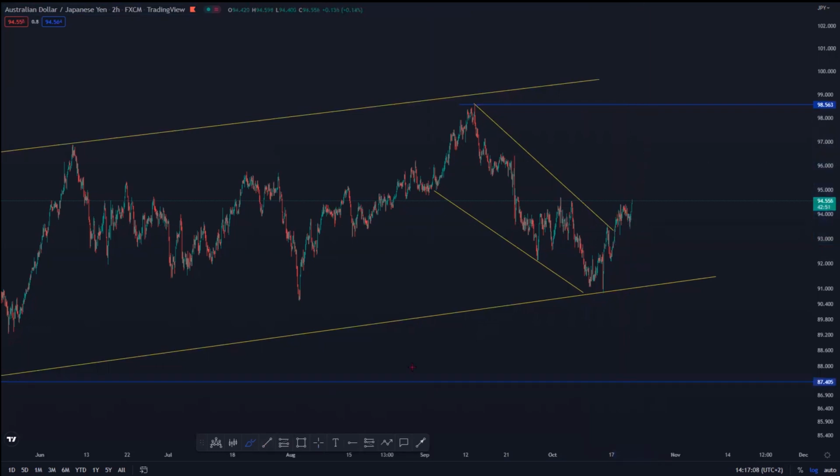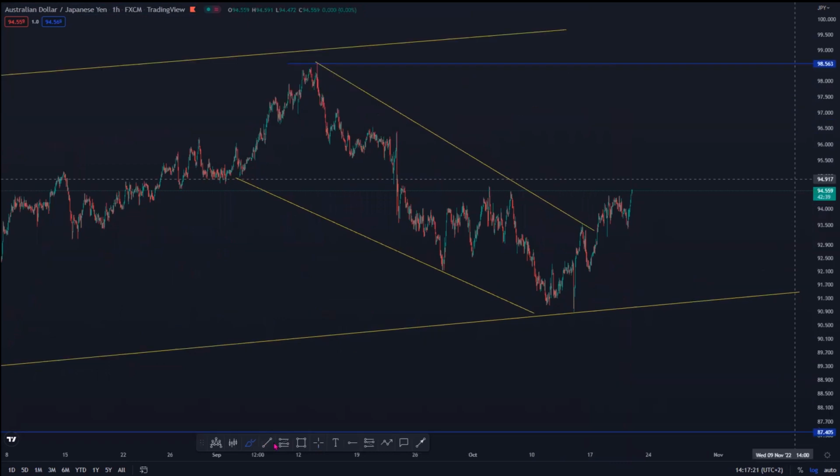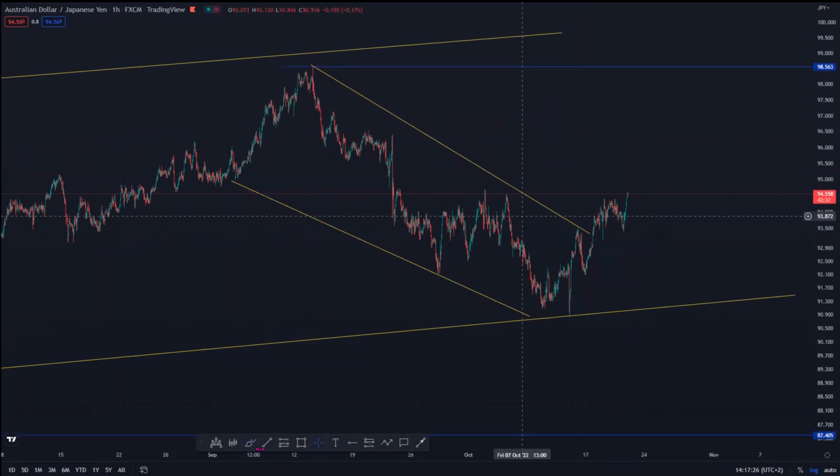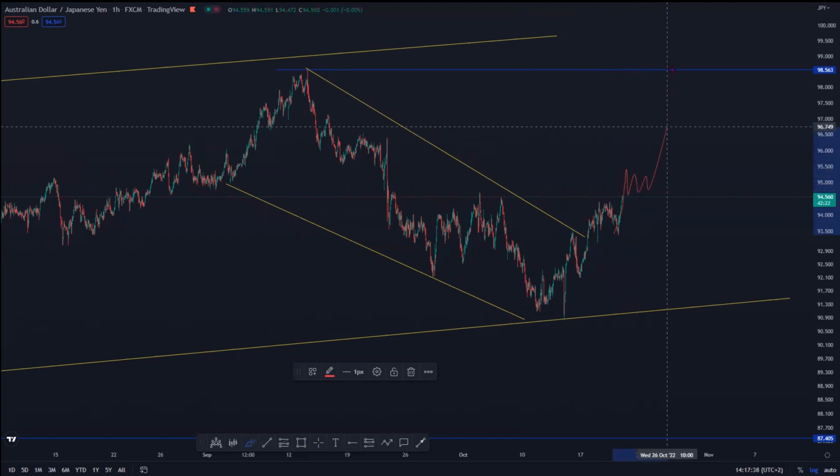If you want to take this trade on this pair, it's very simple. You just have to wait for the market to give us another huge impulse, and then wait for a correction. After the correction, we can take this trade. This is our 90% rule of this structure.